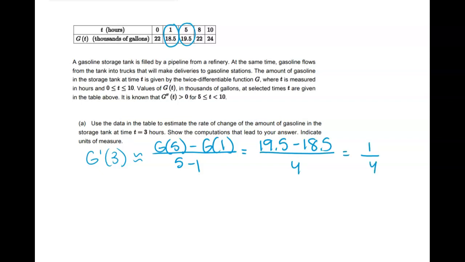So the rate of change in the storage tank at t equals 3 is about 0.25. And it's in thousands of gallons. So the rate of change will be 0.25 thousands of gallons, or 1,000 gallons per hour.